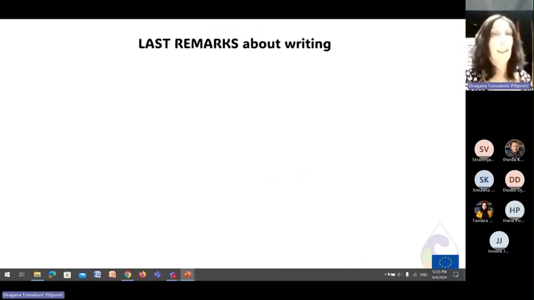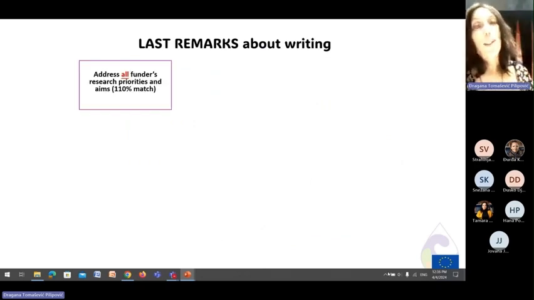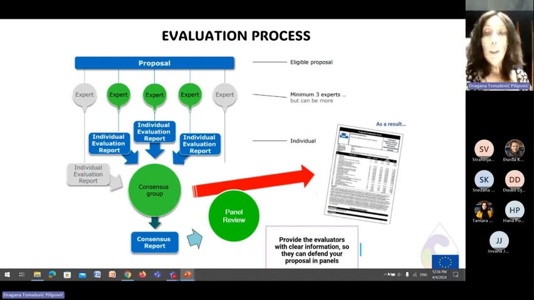Right, so these are the last remarks about proposal writing. As I said yesterday, you have to address all funders' research priorities. Something very important that I forgot, sorry. In the panel review, what the panel has to do is also to prepare the ranking list, right?